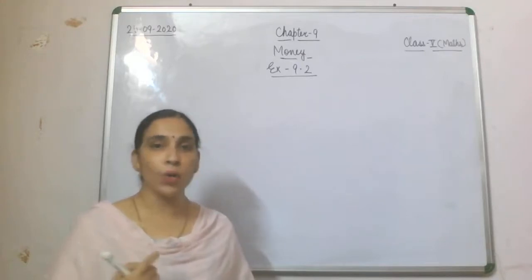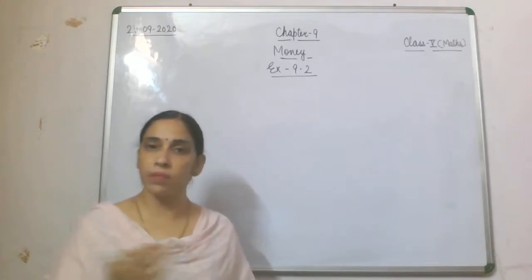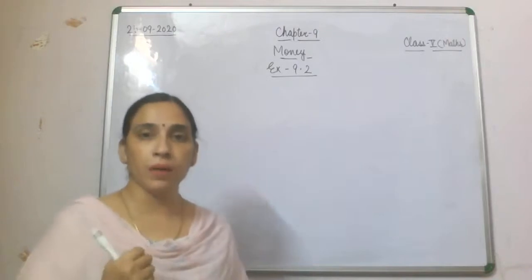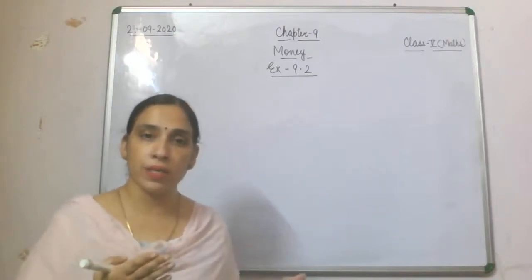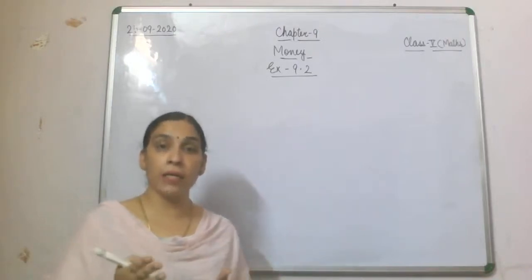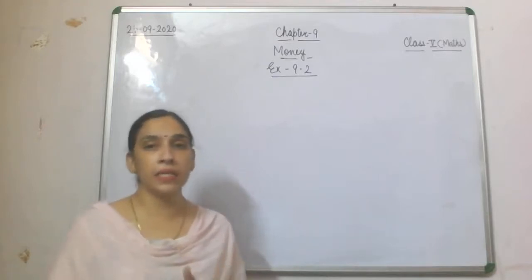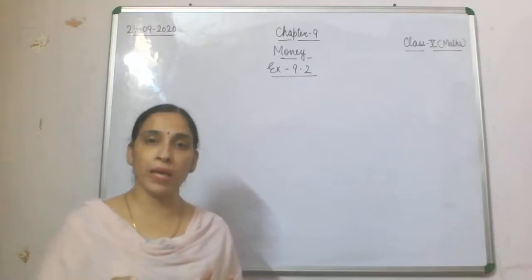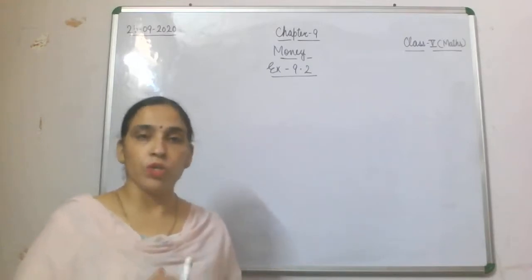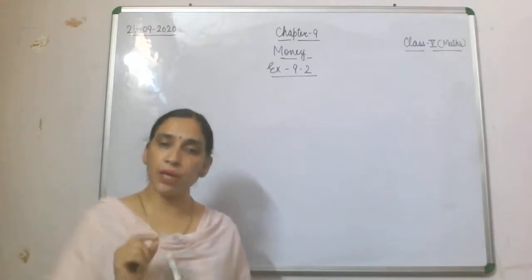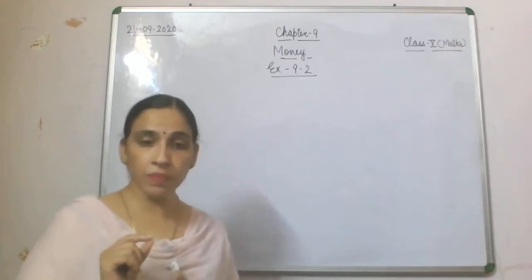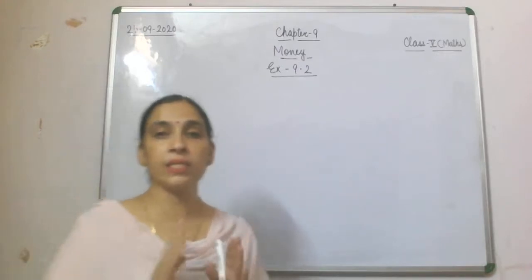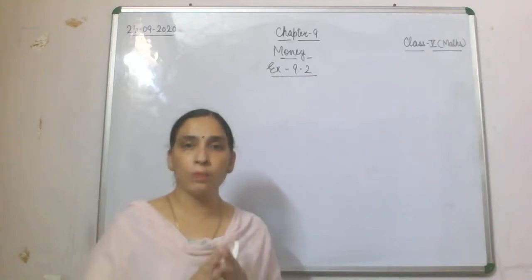He will add all the prices of whatever things he has bought, and after adding, he will get the amount which he has to pay to the shopkeeper. That is what we will see in this word problem question.